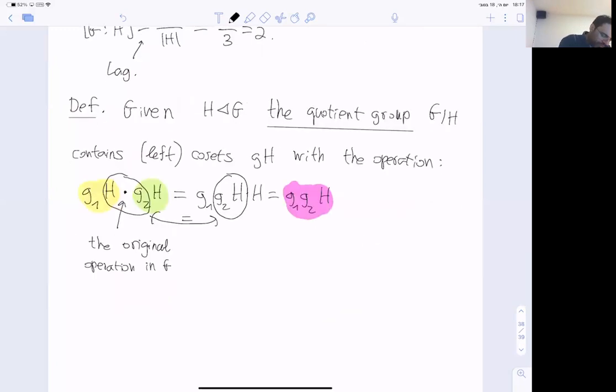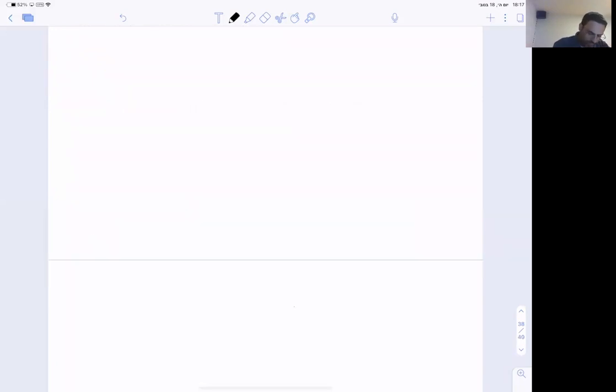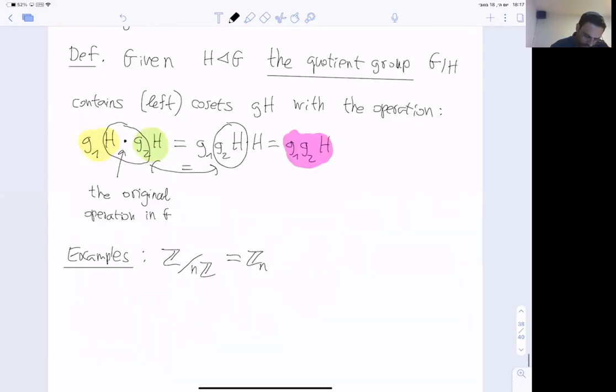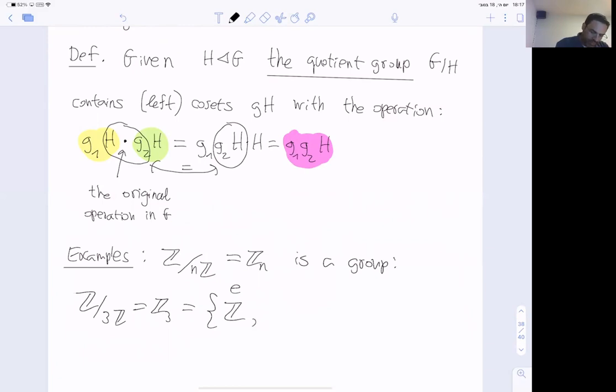Okay, example. Of course, Z modulo nZ, which we call Zn, is a group. For example, Z modulo 3Z, what we call Z3. We have 3Z, which is our neutral element.